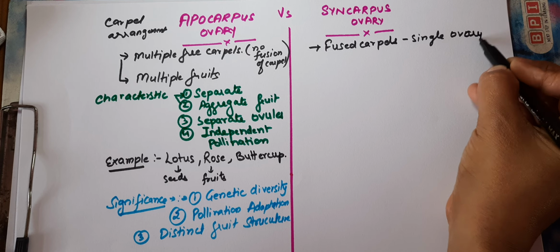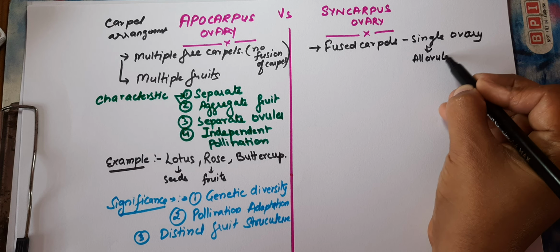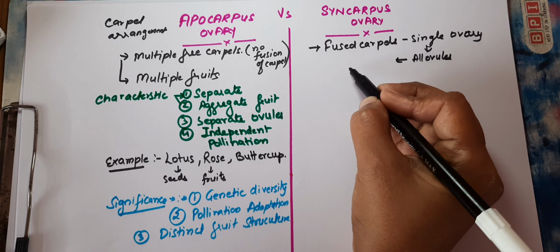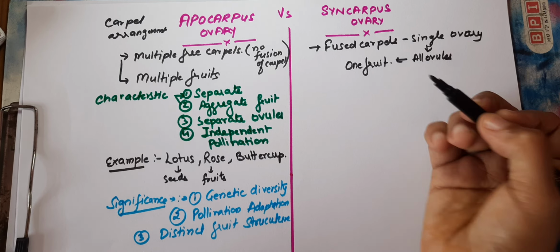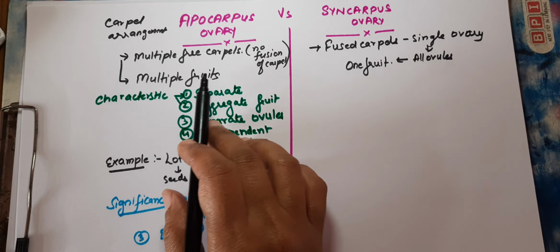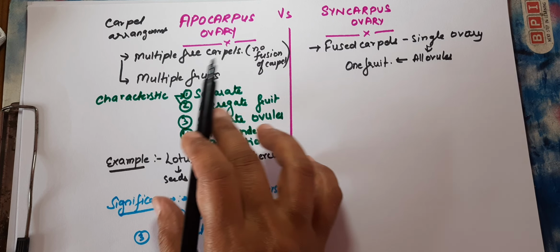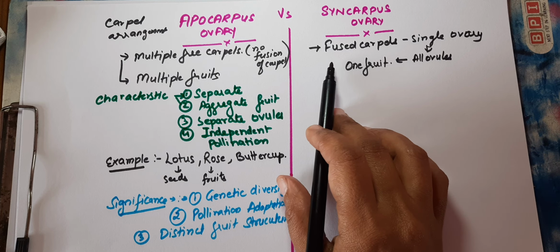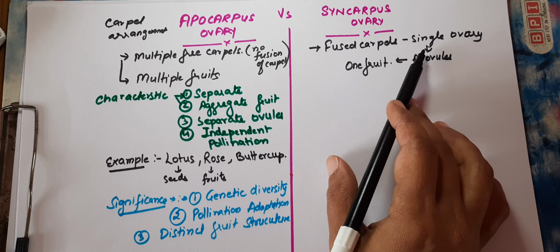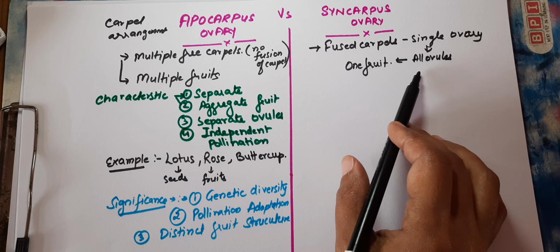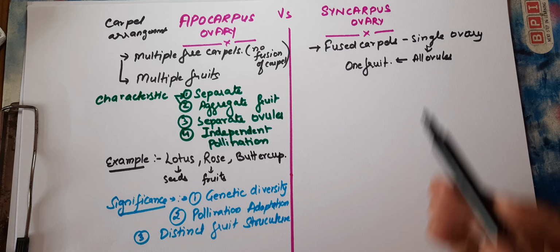Now this single ovary will enclose all the ovules and lead to the formation of one fruit. So whereas in the apocarpous ovary we see multiple fruits, as there is no fusion of carpels, in the case of the syncarpous ovary, due to the fusion of the carpels, a single ovary will be developed, and that ovary will encompass all the ovules, and this will lead to the formation of a single fruit only.